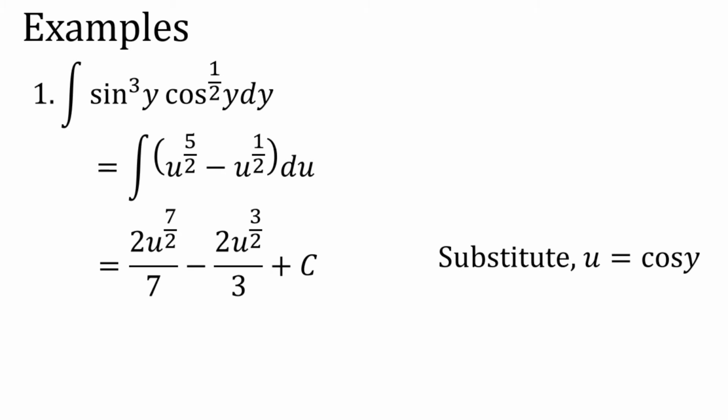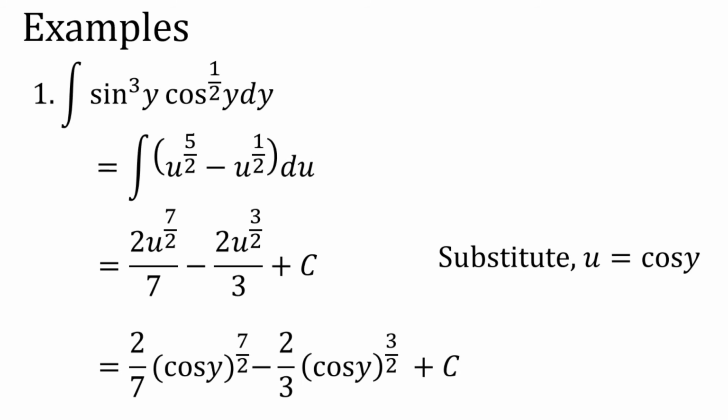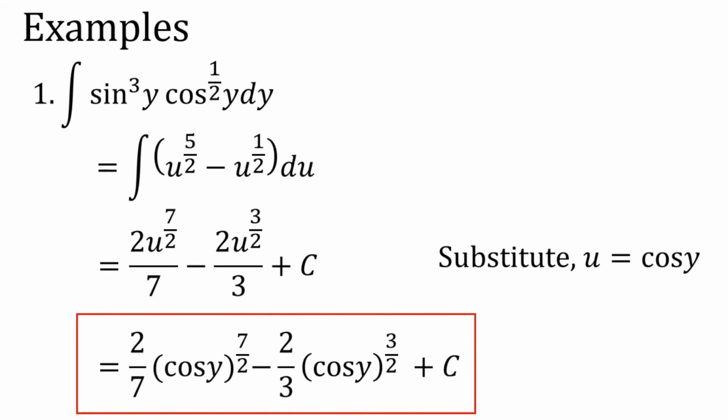So substitute u, which is cosine y. So now we're going to have equals 2/7 cosine y raised to 7/2 minus 2/3 cosine y raised to 3/2 plus c. So we can accept this as our final answer.